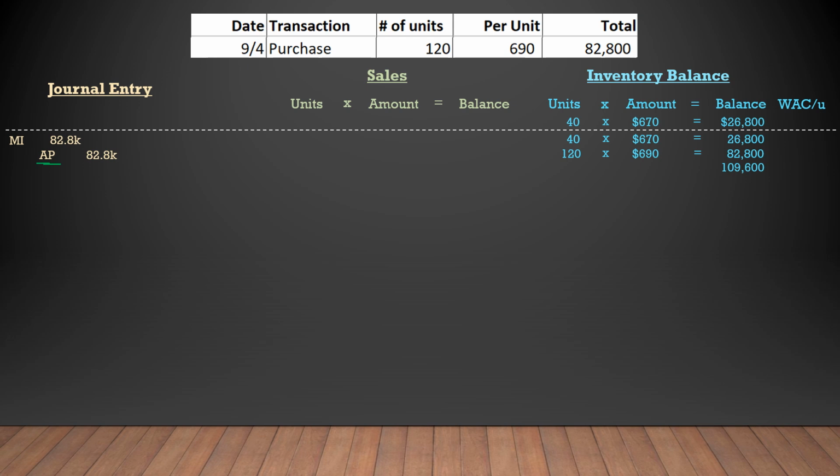How do we figure out the number of units on hand? Add the 40 units from beginning inventory to the 120 units we just purchased to get 160 units on hand. We then divide the former by the latter and arrive at a weighted average cost of $685.